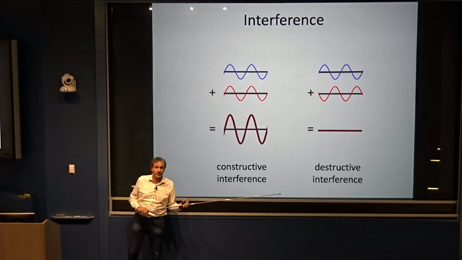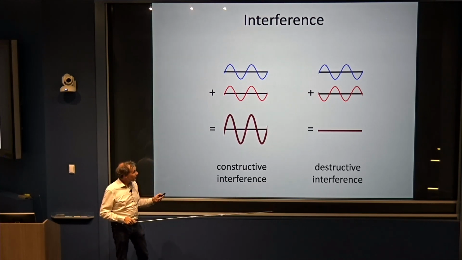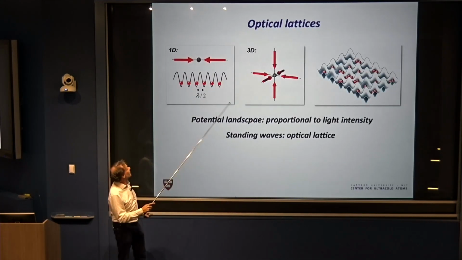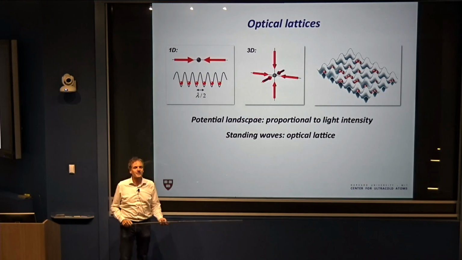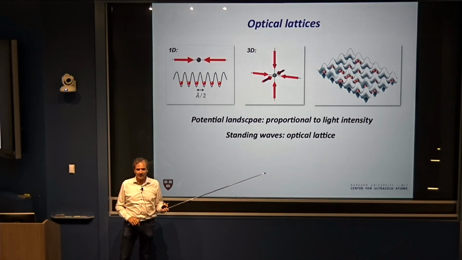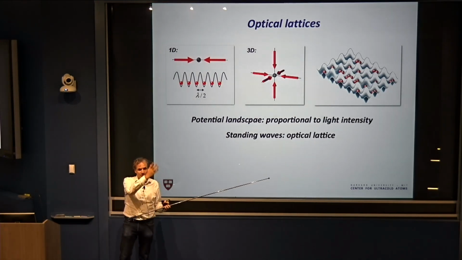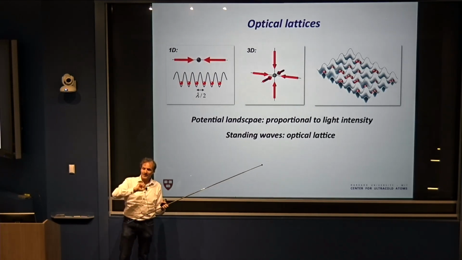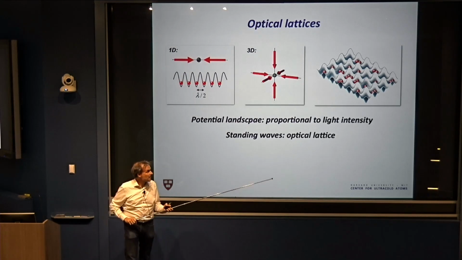That's our starting point. In our experiments, what we then do is we fill these atoms into a so-called optical lattice. So this is a potential landscape, kind of like an egg crate, an egg carton, where the atoms sit inside and move inside.